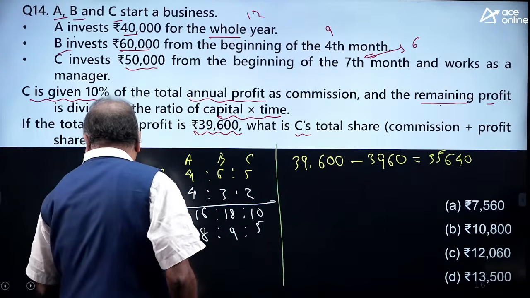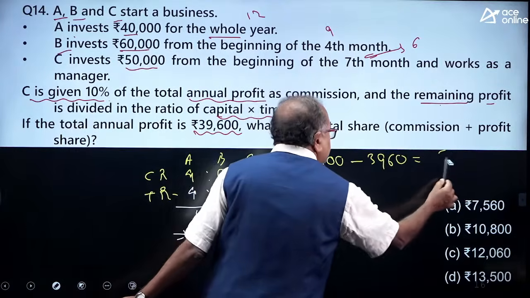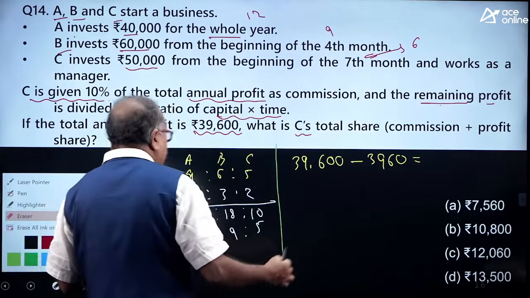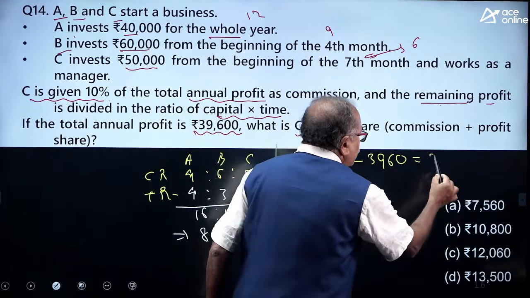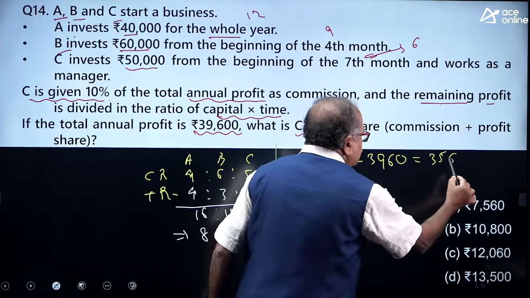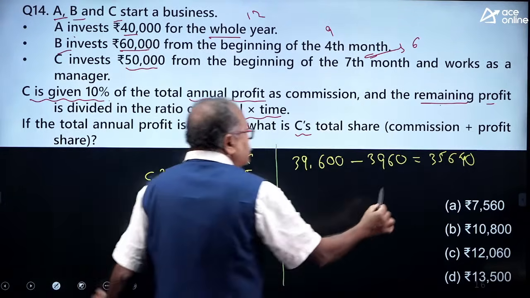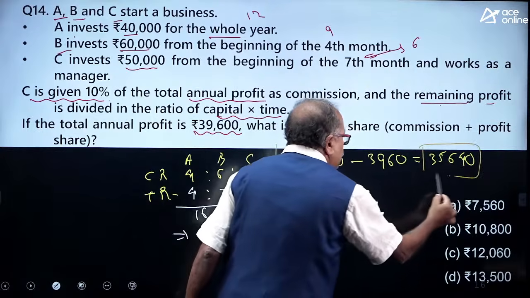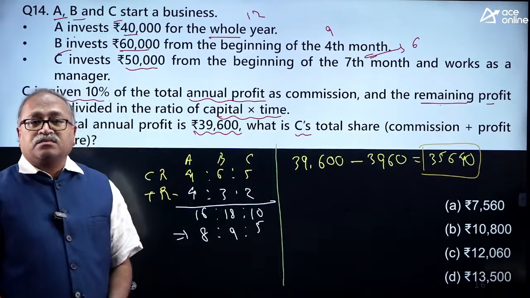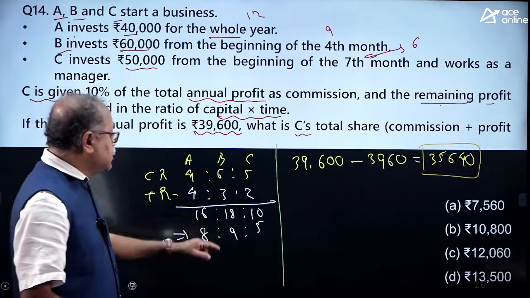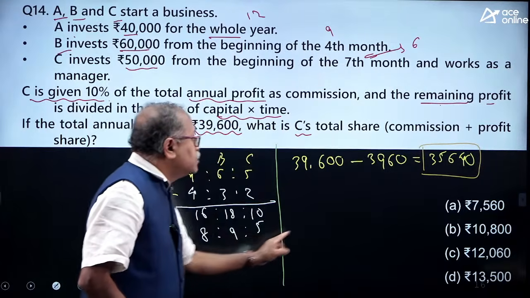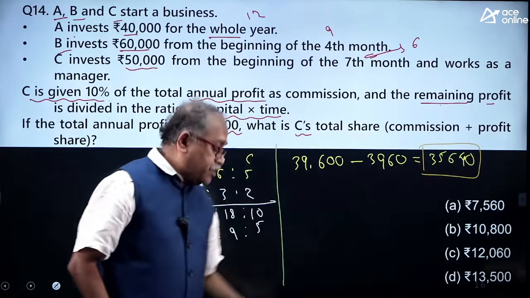That's all. Let me write it down clearly. So, here you will be getting 35640 and this is the profit which has to be divided in this ratio. I need C's commission plus share from profit.